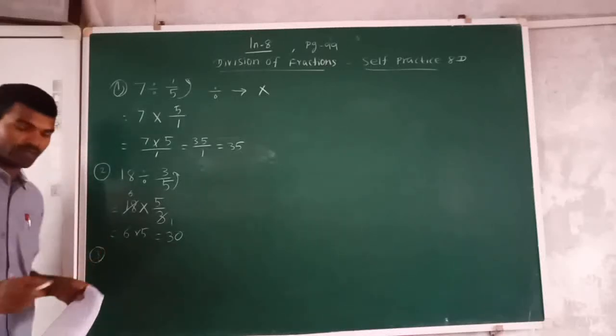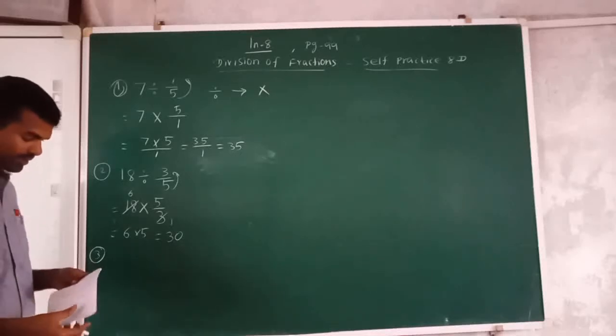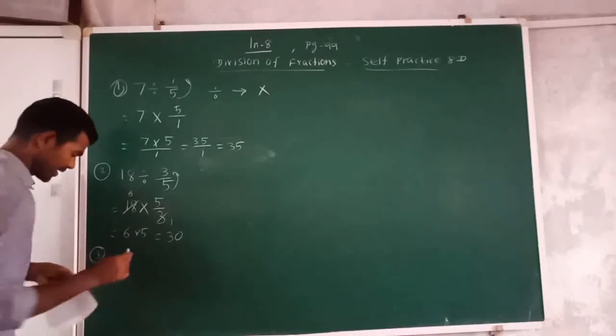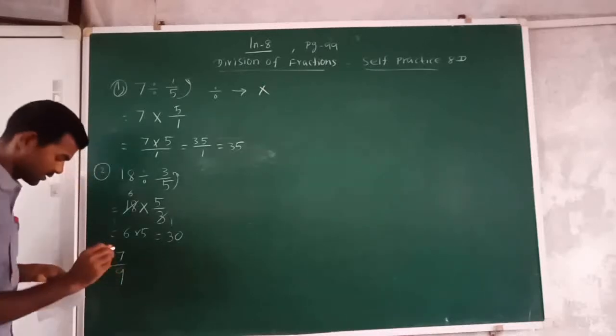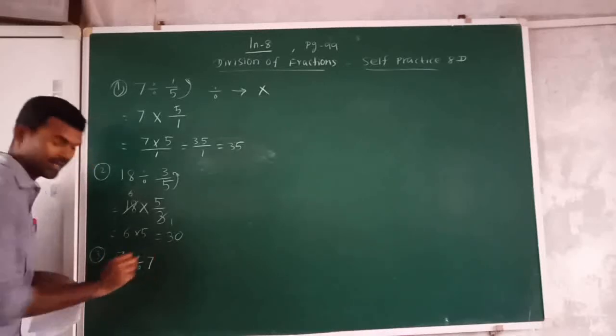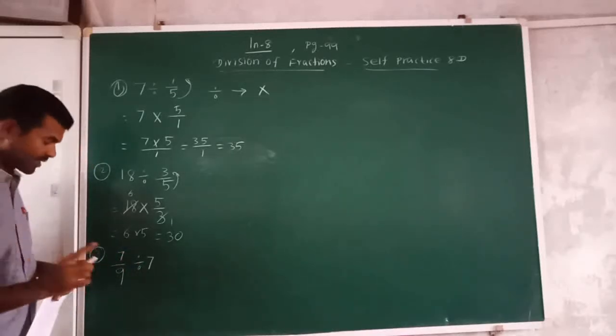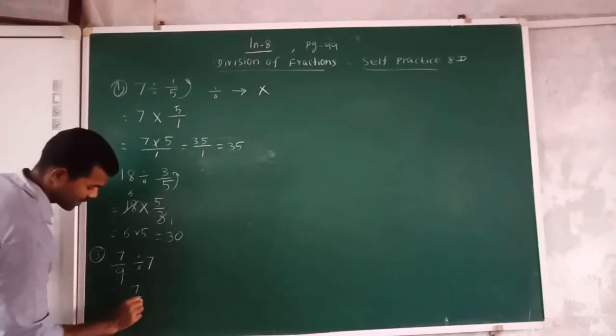Next, see the third question. Question number 3: 7 by 9 divided by 7. First, same concept. Write the first number, 7 by 9.